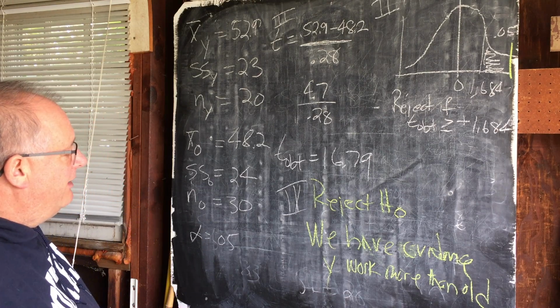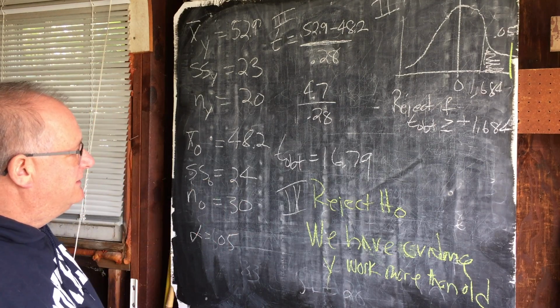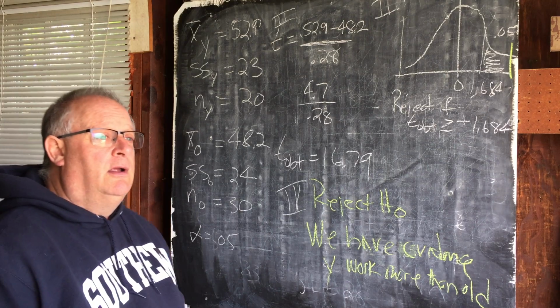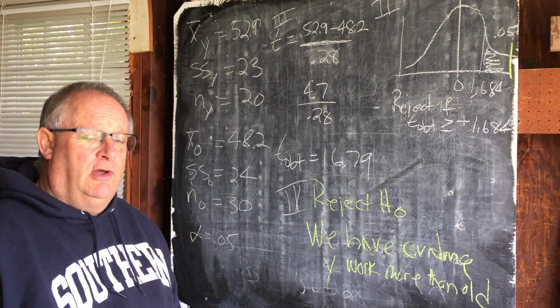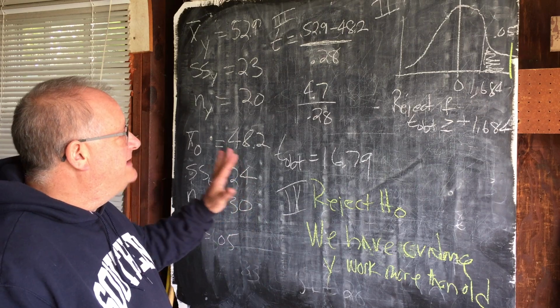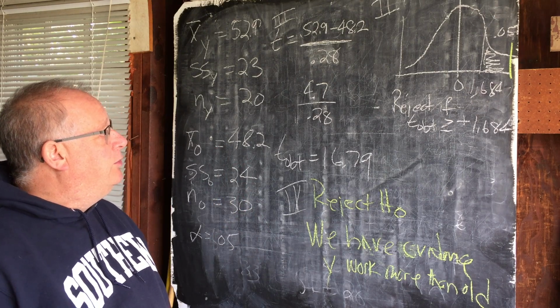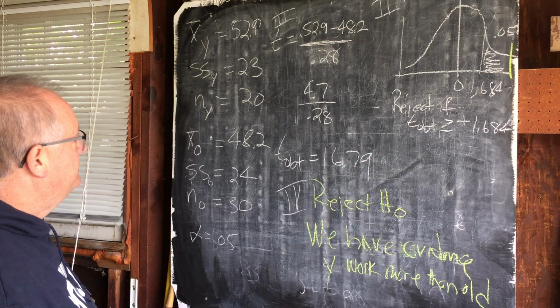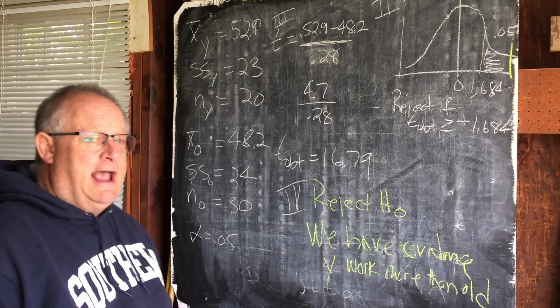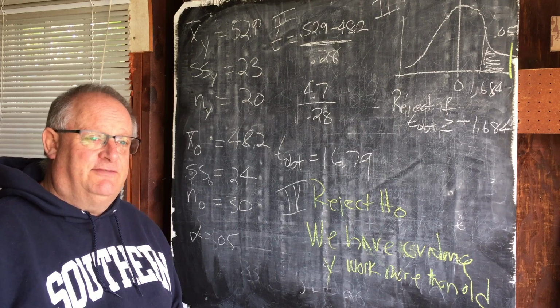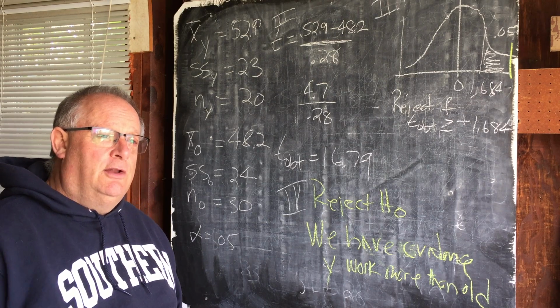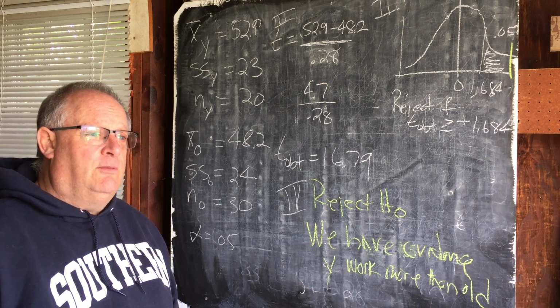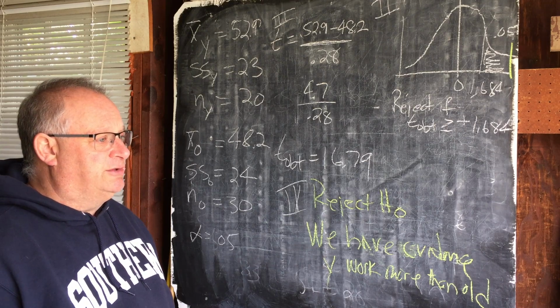Now, the possible error we could have made here, because we rejected the null, could be a type 1 error. Right? Type 1 error is a false alarm. It could be that the data is telling us one thing when the reality is something different. Here the data is telling us there's a significant difference. But the reality might be that there is no significant difference, that there truly is no difference between the work hours of these two populations.